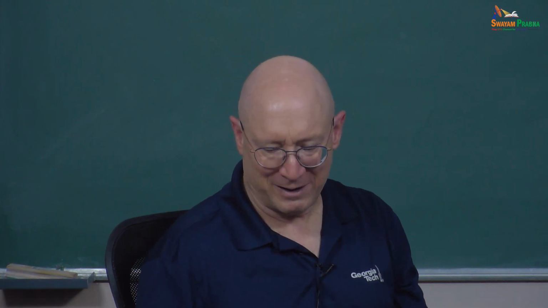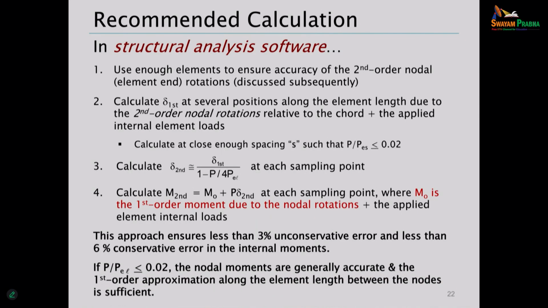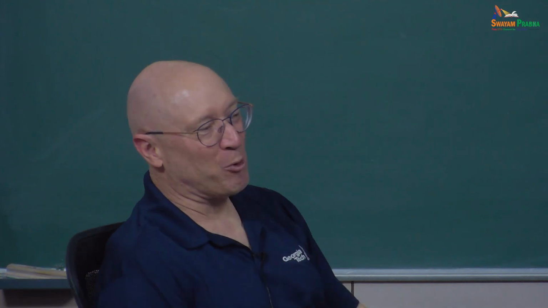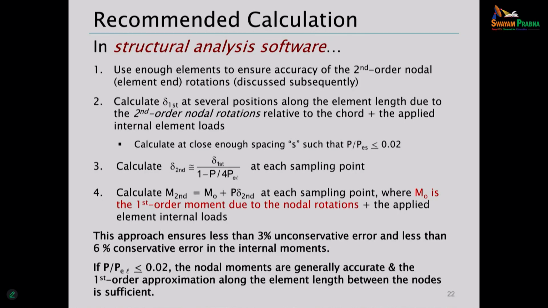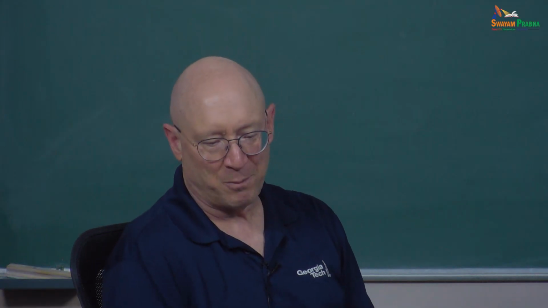So how many elements do you need for this? A very simple rule that will keep you always out of having to hassle with all of this: put in enough elements so P over PE script L is less than or equal to 0.02.